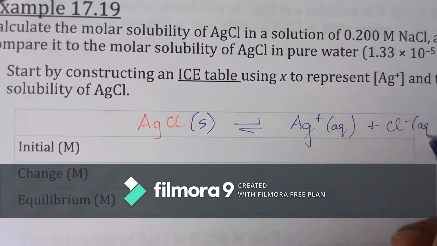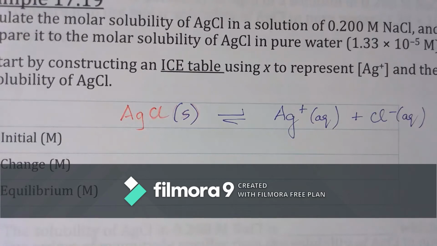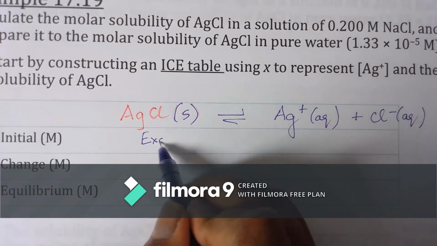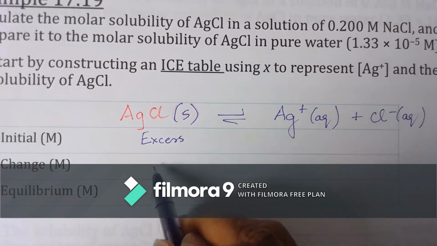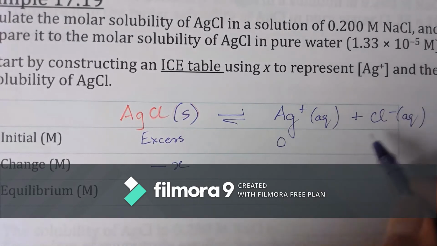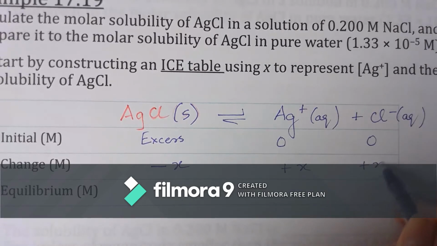This is a simple equation because the ratio is just 1 to 1 and the charges are simple. Now you may want to have your notes with you in case you're not able to see the whole slide. So initially, remember, this is the solid, so it's an excess, minus x. Initially this is 0, 0, plus x, plus x.